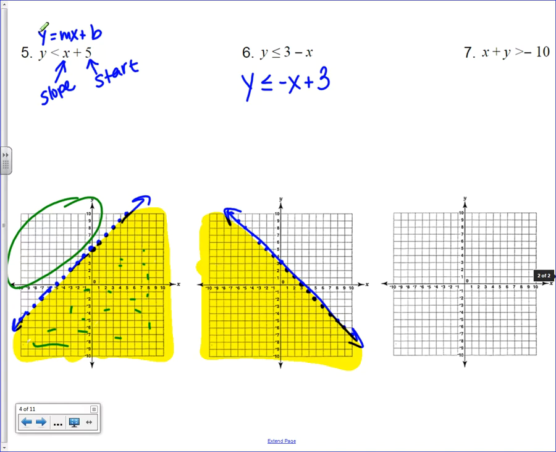How about number 7? Is number 7 in slope-intercept form? No, not in slope-intercept form, is it? How am I going to get it in slope-intercept form? Subtract the x over? So y is greater than, now those do not go together, don't put them together, negative x minus 10.